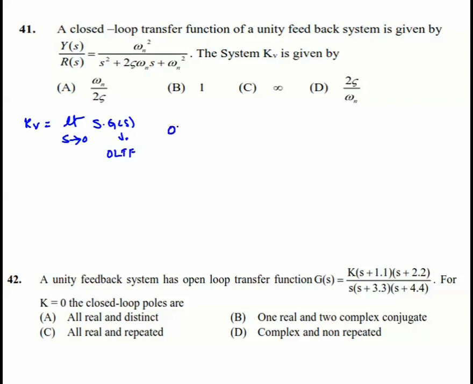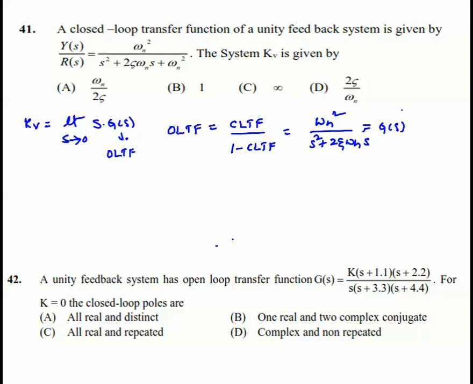So how can you get the open loop transfer function? OLTF is equal to closed loop transfer function divided by 1 minus closed loop transfer function. If you do this, we will get omega n square divided by s square plus 2 zeta omega n s as the answer. So this is nothing but G(s).